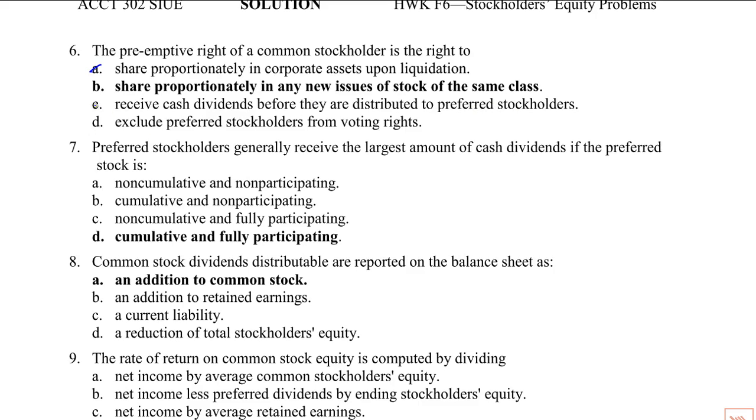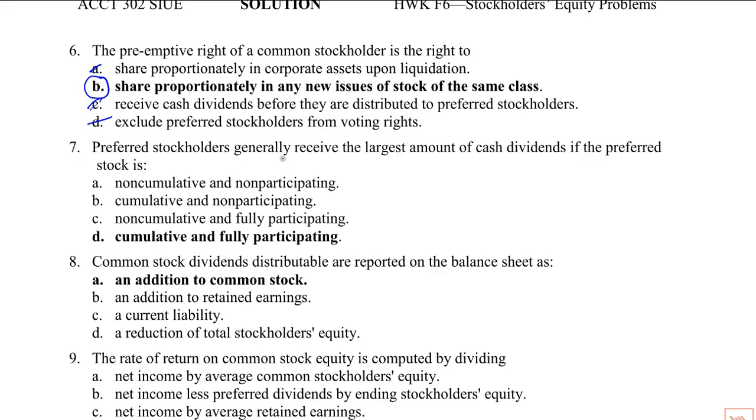That's just never true. So that's totally wrong. Exclude preferred stockholders from voting rights. Well, preferred stockholders don't have voting rights, so that doesn't really make any sense. And share proportionally in any new issues of stock of the same class. Well, that's it. But hopefully, on some questions, you'll be able to identify that one or more of the answers are not making sense.